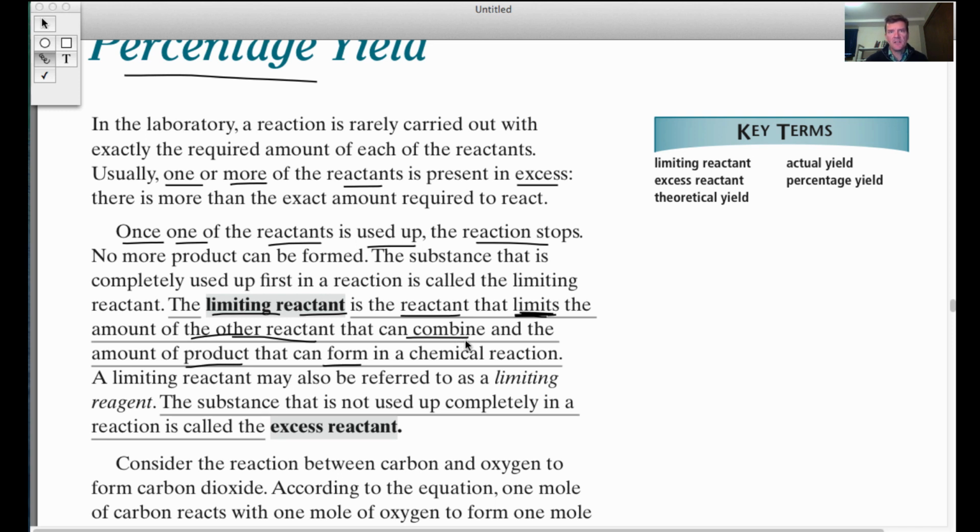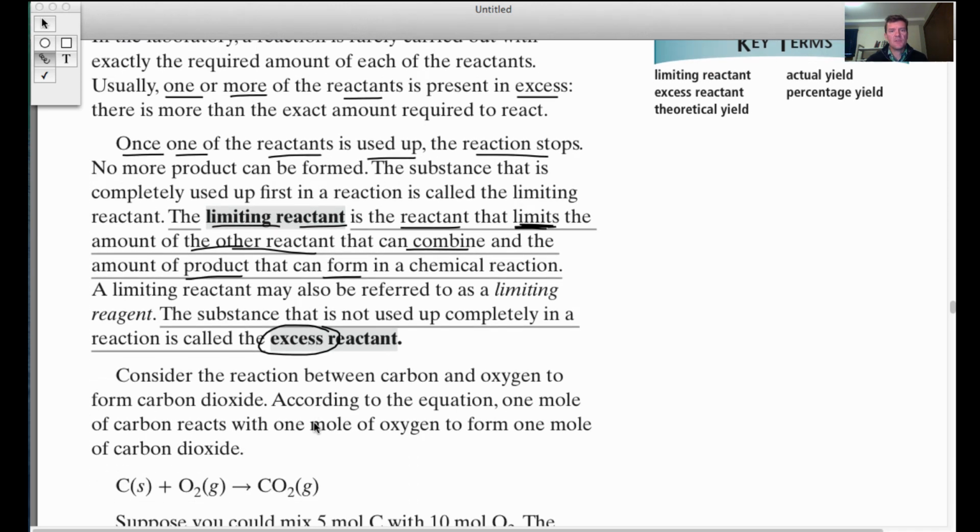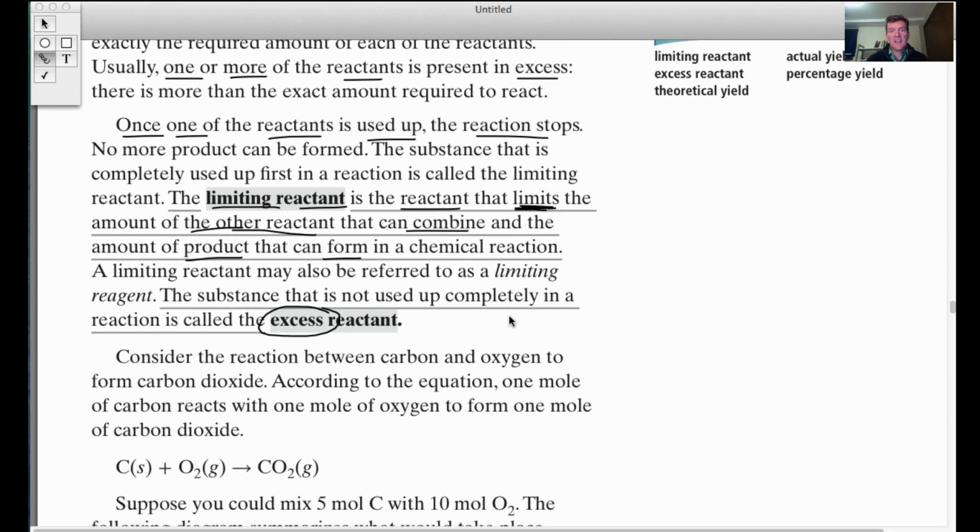It's done. And that's going to determine how much is produced and how much of the other reactant is used up. Okay? The one that did not stop the reaction or did not get all used up, that's the one we call the excess reactant. If we've got plenty of it, excess. Okay? And the one that does stop it is called the limiting reactant. It's sometimes reagent or reactant, either word is fine.